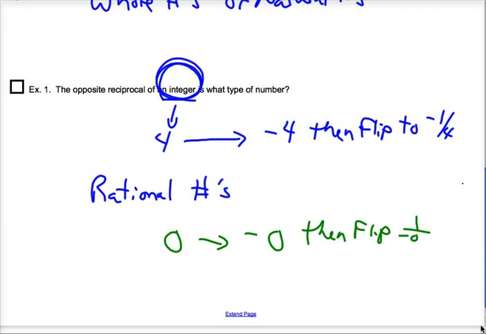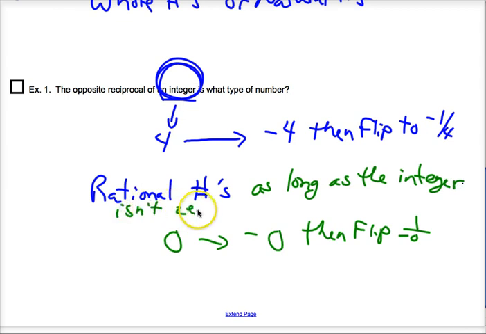So actually, the answer to this question would be rational numbers as long as the integer isn't 0. I wouldn't expect you guys to necessarily get that, but I want to give you the type of thinking that you have to be careful of when you're trying to answer a question like this.